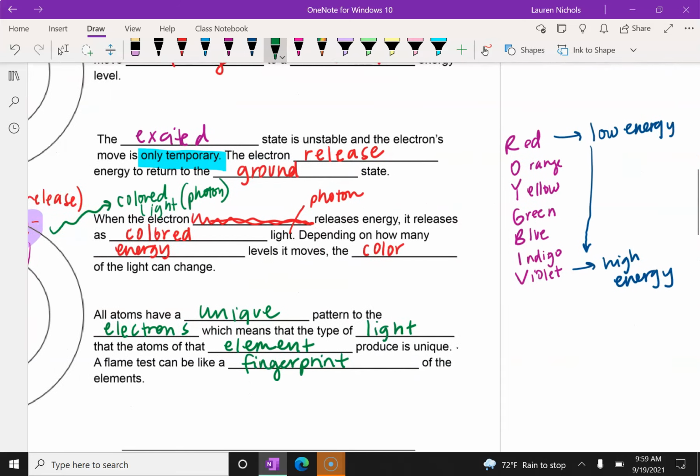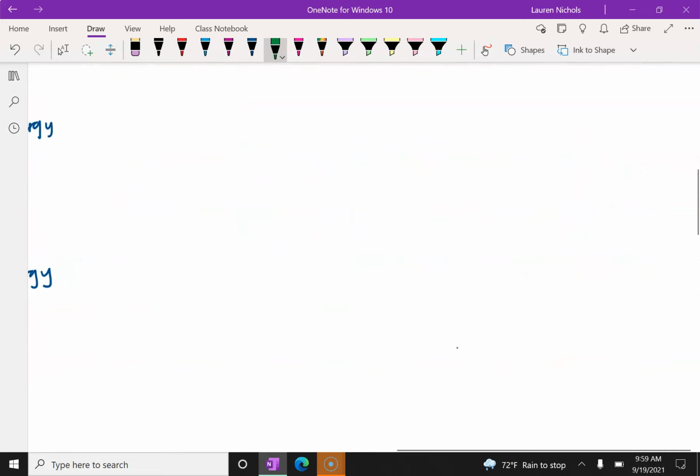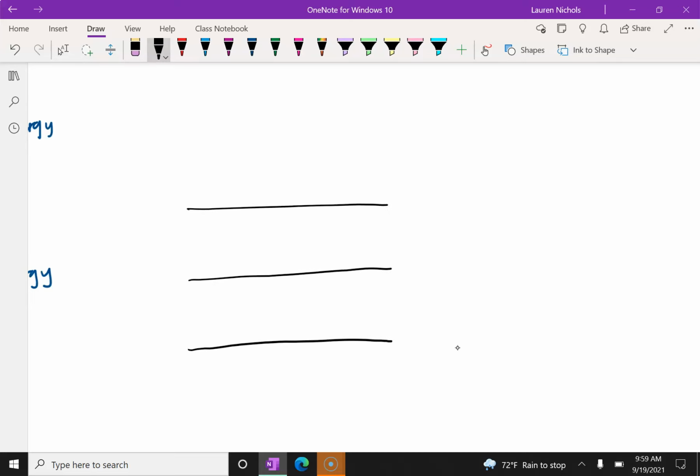Now, I want to show you a different way of looking at the models. Sometimes you don't see an image of the full atom. Sometimes you see it kind of zoomed in, where these are your energy levels and they're just kind of stacked up. So, for example, this is energy level number 1, number 2, number 3, and number 4.